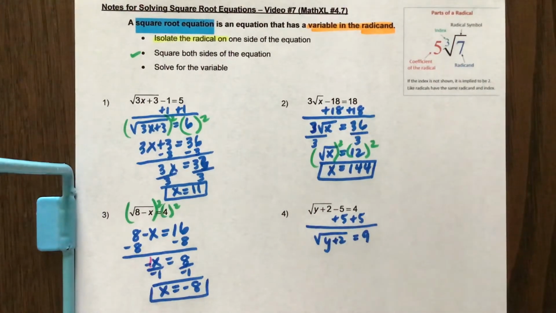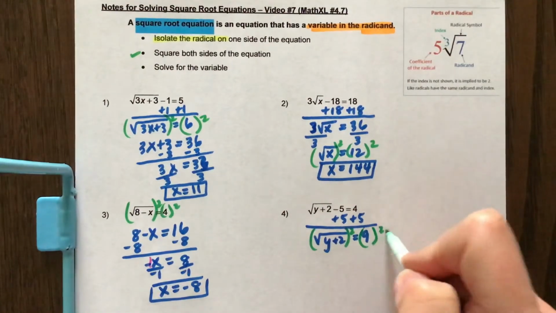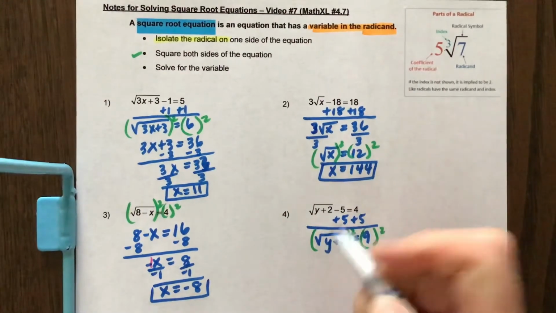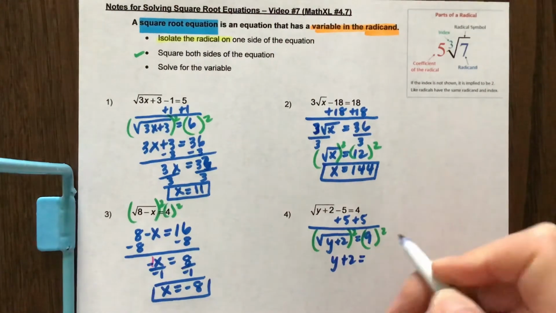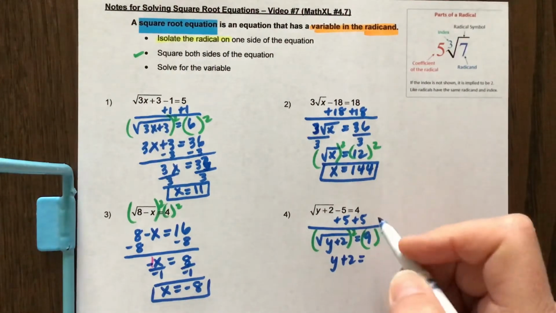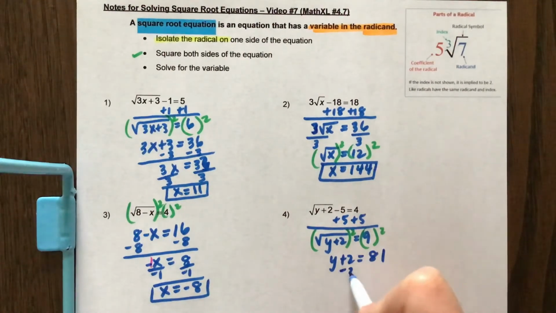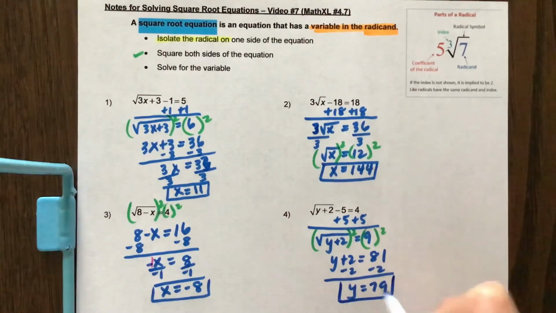Now that our radical is isolated, we can square both sides. And when that undoes that radical sign, we've got y plus 2 is equal to 9 squared. 9 squared is 81. So now we just have to get rid of that 2 by subtracting, and our y is equal to 79.